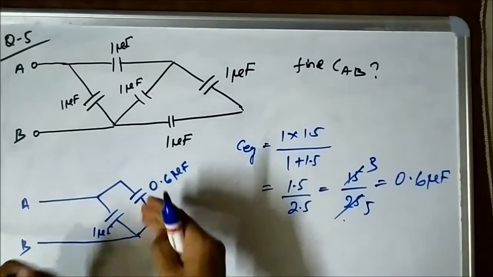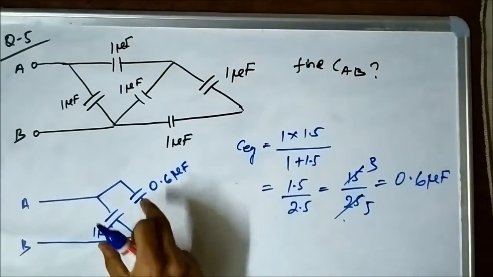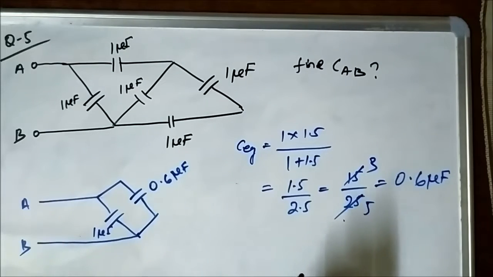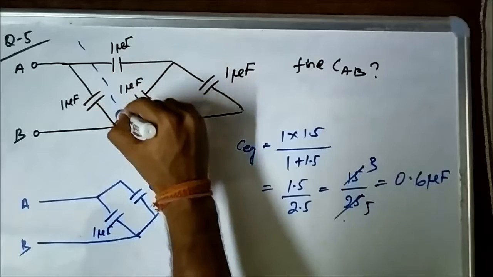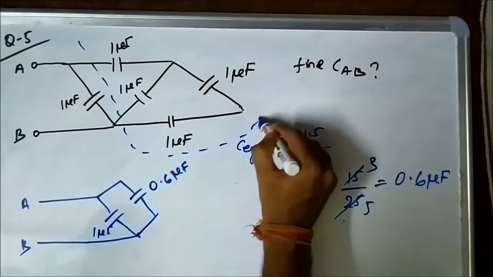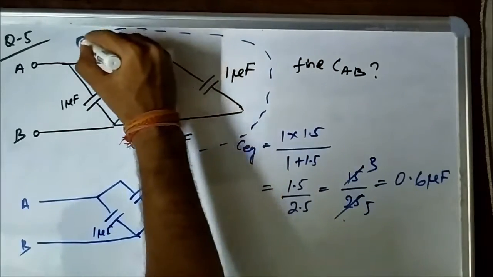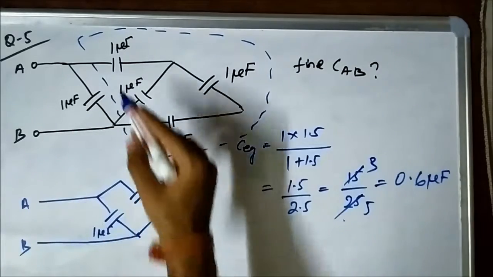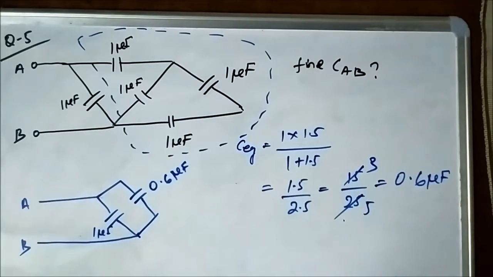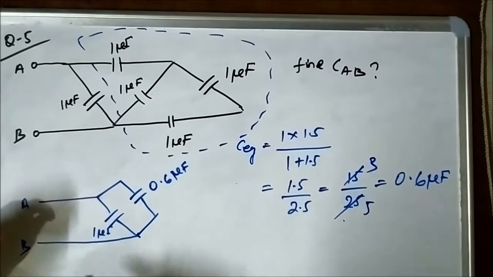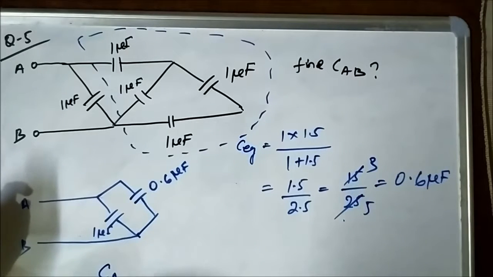Now you see we have reduced this entire circuit into two capacitor form. We have reduced this portion into 0.6 microfarad. This is the simpler form. Now easily we can calculate the equivalent capacitance between the points A and B.